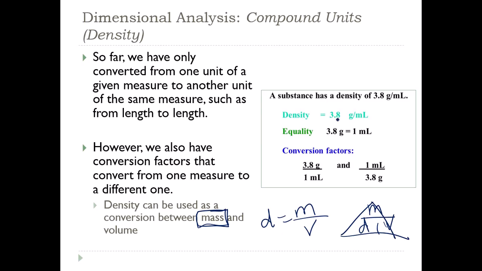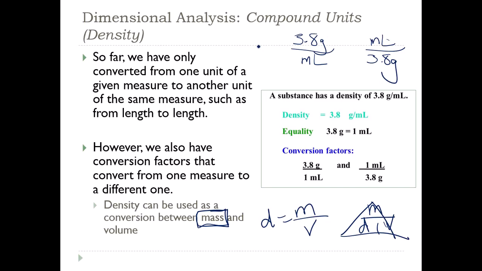Density has a mass component and a volume component, so that's a compound unit. I can express this as 3.8 grams per milliliter, or 1 milliliter gives us 3.8 grams. So I could use that as a conversion factor.